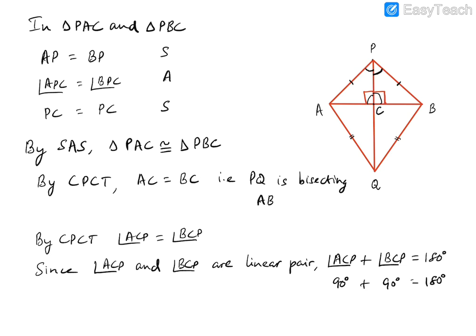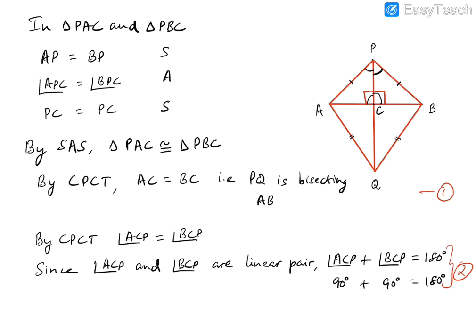So we have earlier proven that PQ is bisecting AB, and now we have shown that the line PC is perpendicular to the line AB. It makes 90 degrees. So because this angle ACP and BCP is 90 degrees, combining these two statements, we'll call this our statement number 1 and this our statement number 2.